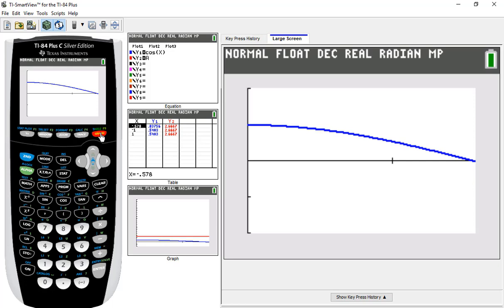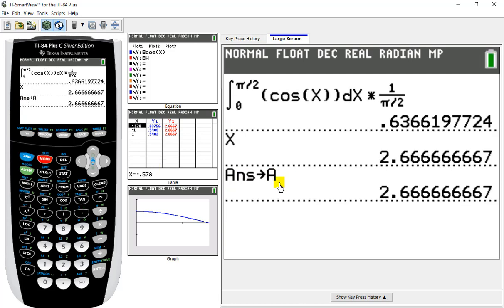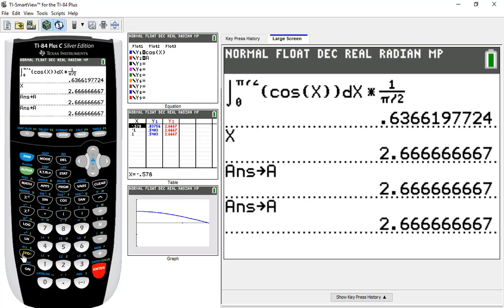Okay? And of course it didn't graph A for me. Why didn't it graph A? Oh, you know why? Because I didn't store it. I've got to hit store alpha A. For some reason it didn't. Let me try this again. Store.